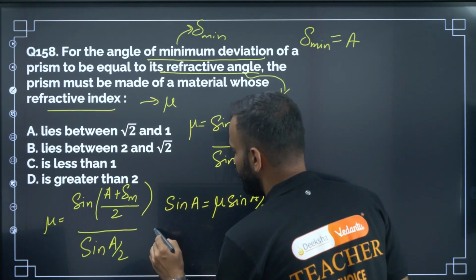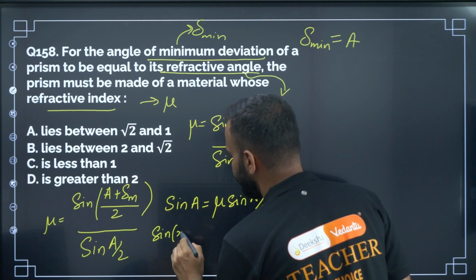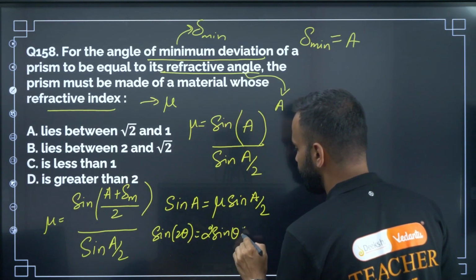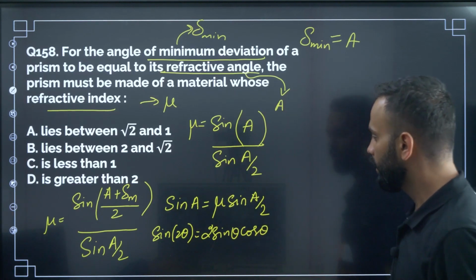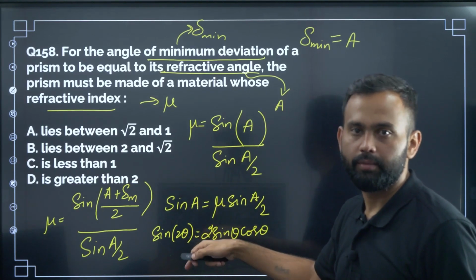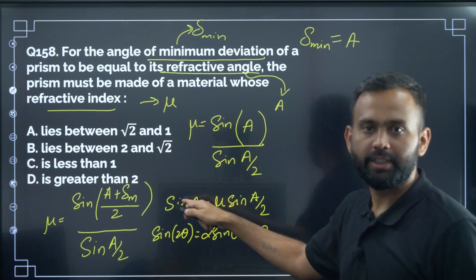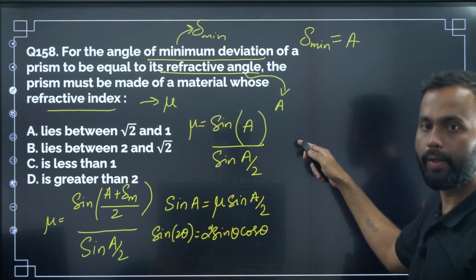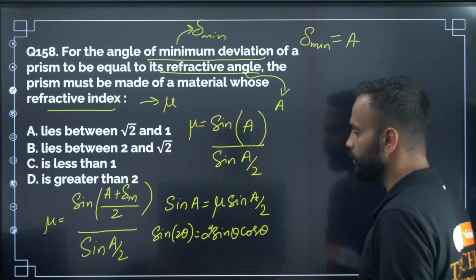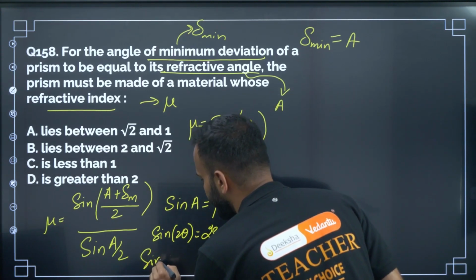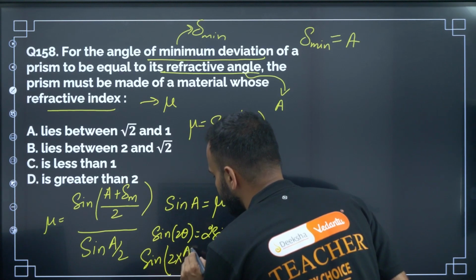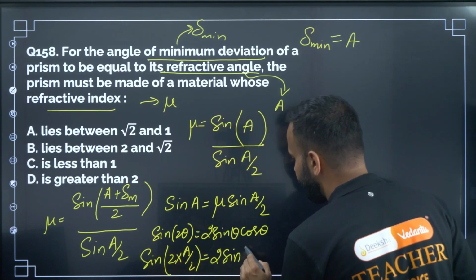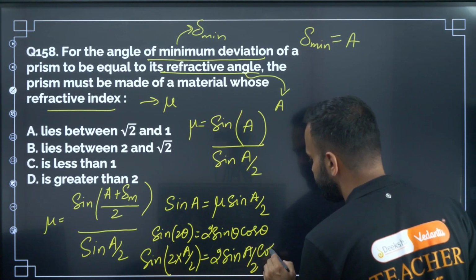You know sine 2 theta is equal to 2 sine theta cos theta; take theta as A by 2, so sine A equals 2 sine A by 2 into cos A by 2.